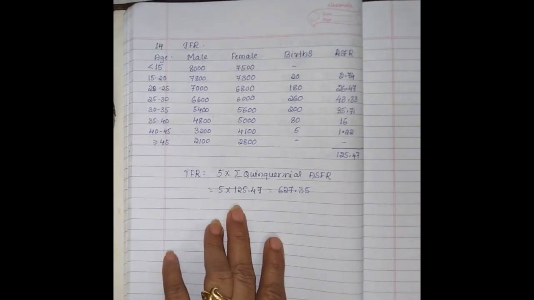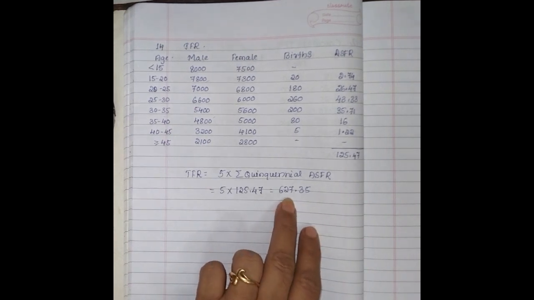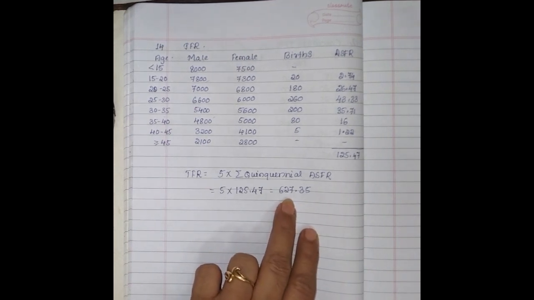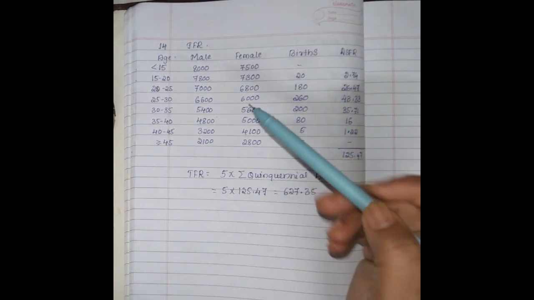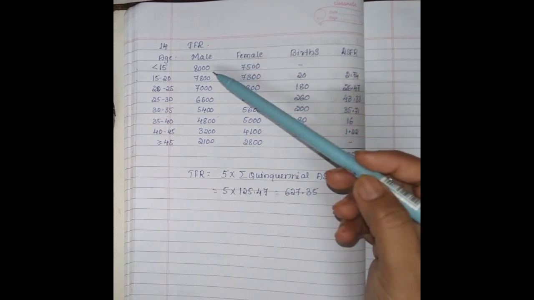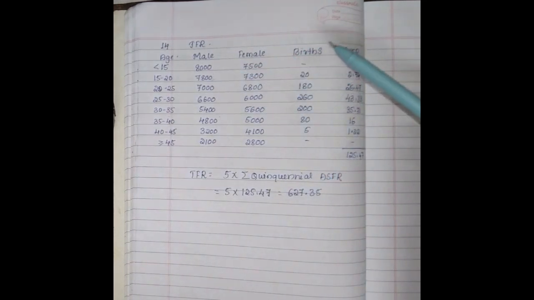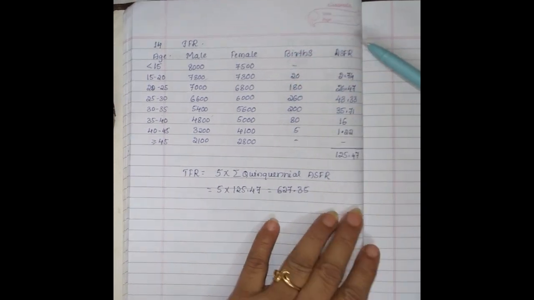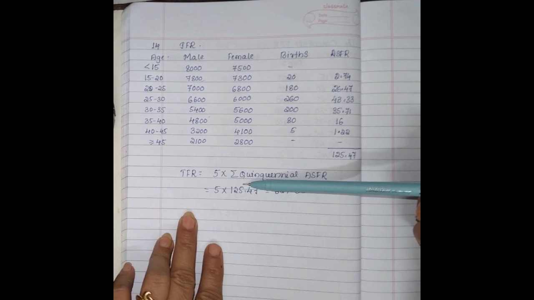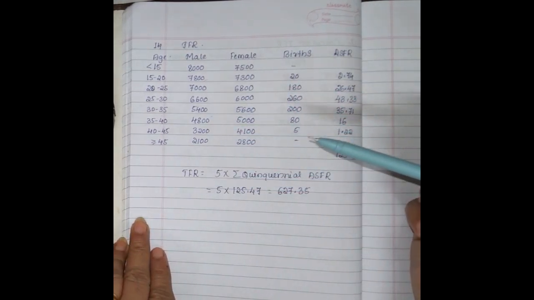If they ask per woman, divide this by 1000, which comes as 0.627. They simply give the male population to confuse you, but you consider only births divided by female population into 1000 for ASFR, and then calculate TFR. This is the 14th sum.